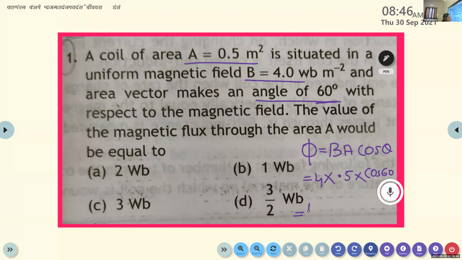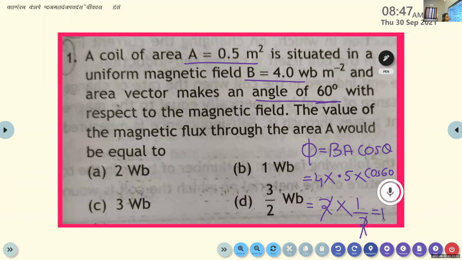That is equal to 4 into 0.5. What is 4 into 0.5? It's a simple question. 2. That is 2, cos 60. What's the value of cos 60? 1 by 2. So here this 2 and 2 cancel. So what will be the answer?